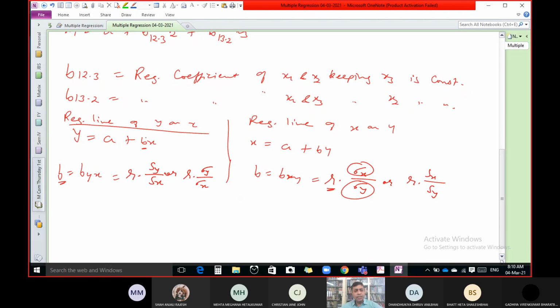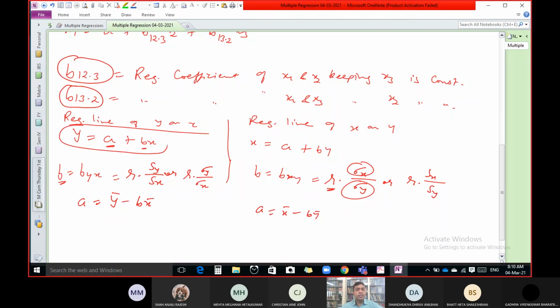Similarly, there are formulas for b12.3 and b13.2. And what is the formula of a? For the regression line of y on x, a is y bar minus b x bar, and here a equals x bar minus b y bar.